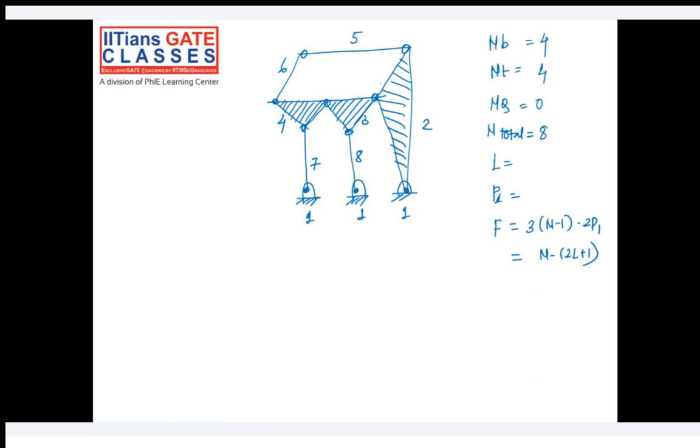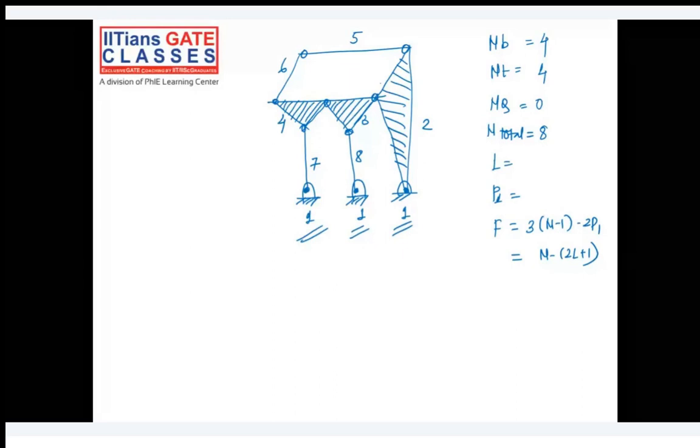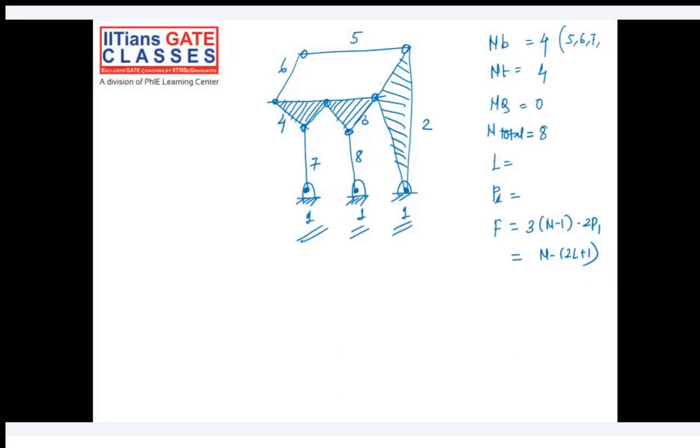These are all ends of link number 1, so they are part of link number 1 itself. So the number of binary links is 4, which are link numbers 5, 6, 7 and 8. Number of tertiary links are how many?